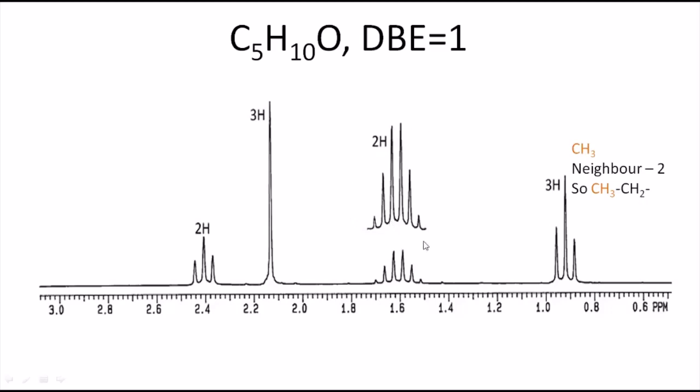Right. Let me analyze another signal. What about this signal? This signal is a multiplet. You can see 2, 4, 6. It is a sextet. That means there should be 5 neighboring hydrogens. The signal is due to 2 hydrogen, and therefore I am writing it is CH2. But it is surrounded by CH3 and CH2.